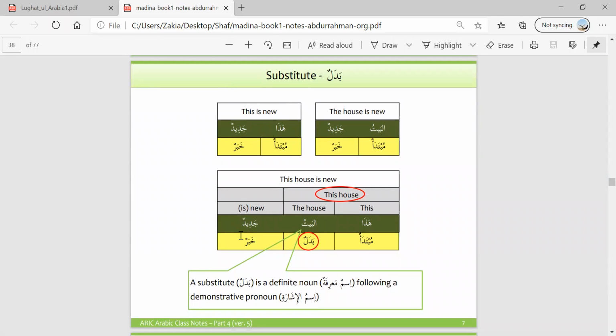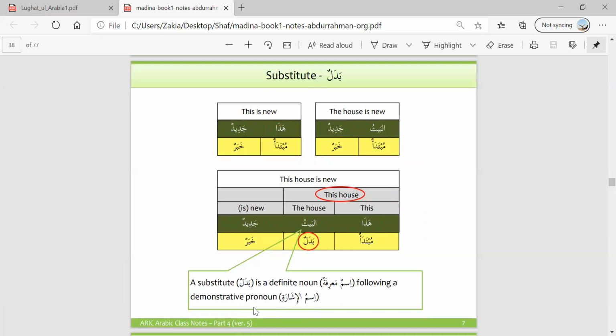Here's a little bit of grammar, so technical terms again. Badal is something that we call a substitute. So any noun, okay, if we look here, a substitute is a definite noun. Okay, so it's naturally definite. And it's when a marifa follows a demonstrative noun.